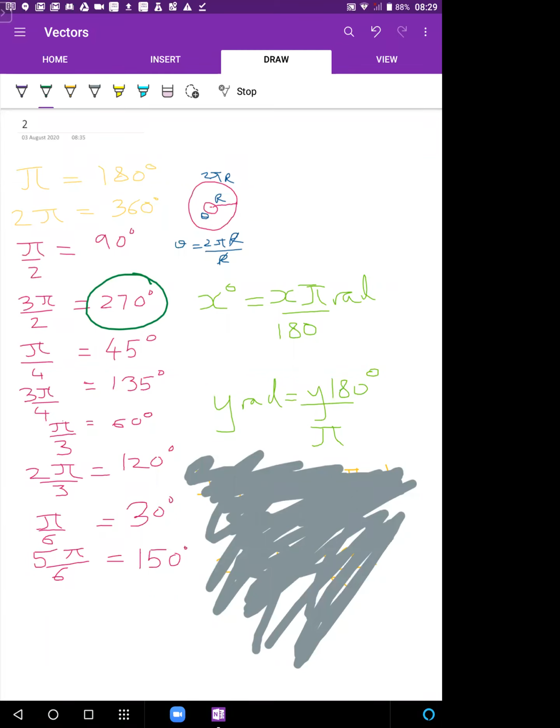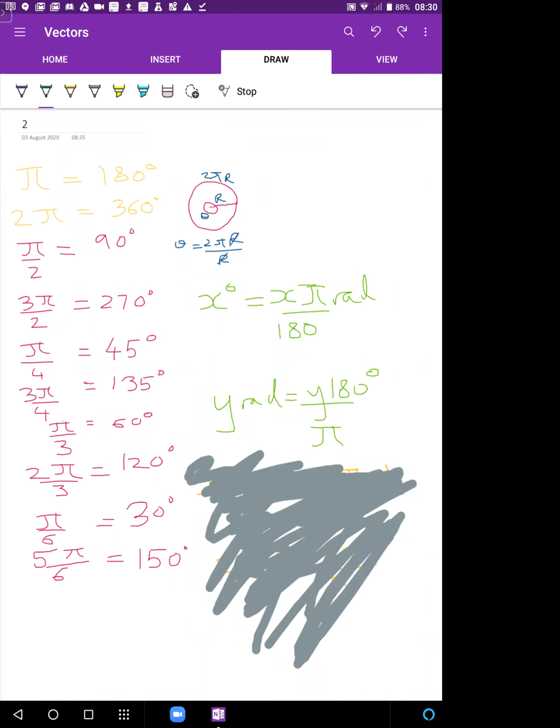The degrees wala number is bigger. Radians wala number looks smaller. So if you want to get the value in radians, multiply by the smaller fraction. Multiply by pi by 180. Whereas if you want to go from radians to degrees, multiply by 180 by pi. That's the way you can remember this.